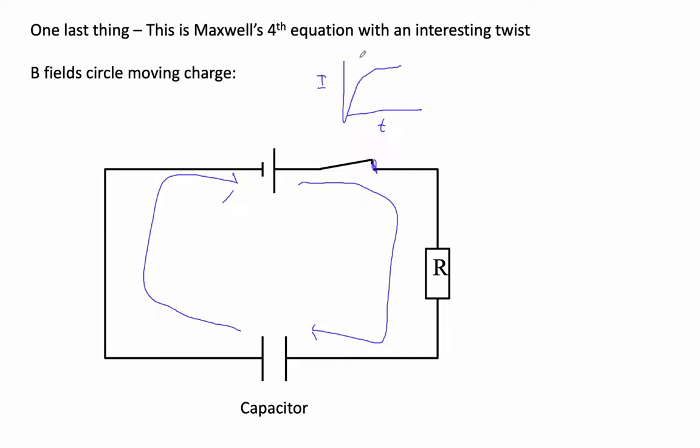Current over time. While the current is flowing, there definitely is a magnetic field around these wires. It's going into the page on this side and out of the page on this side, because of the right-hand rule: put our thumb in the direction of the current. But what if we have a capacitor like this? What about right here? Is there no magnetic field here? There certainly isn't a current across the capacitor.